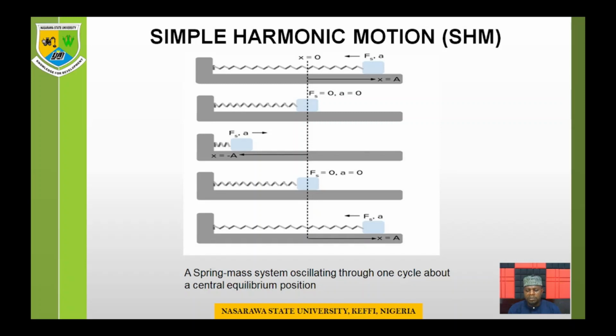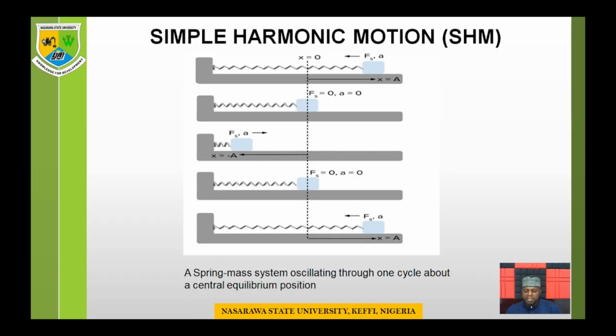The third diagram is saying that x is equal to negative A. When x is equal to negative A, what happens? The spring is kind of pressed. The equilibrium position is the second diagram. In the first diagram, it was extended to the right, and it forced itself back to the equilibrium position.